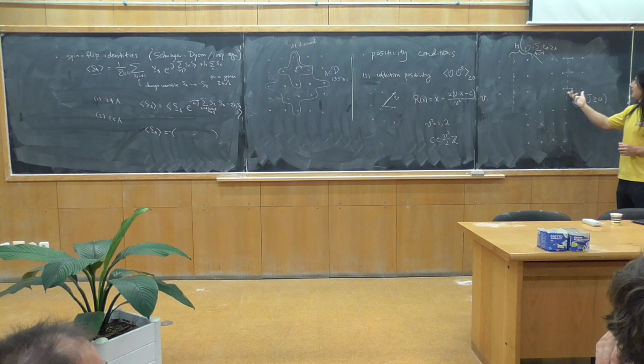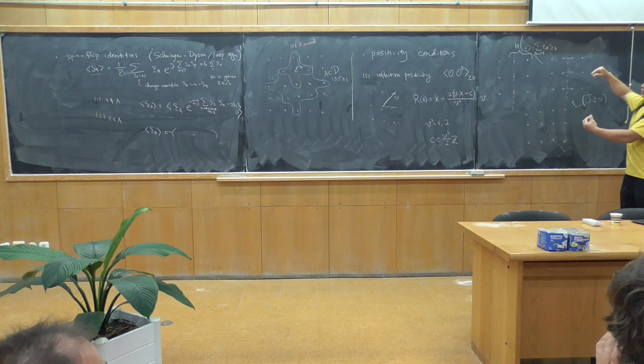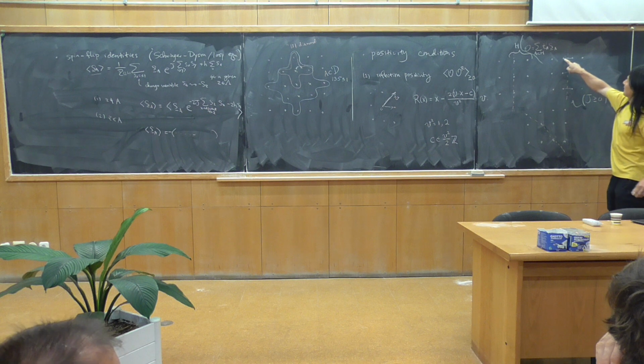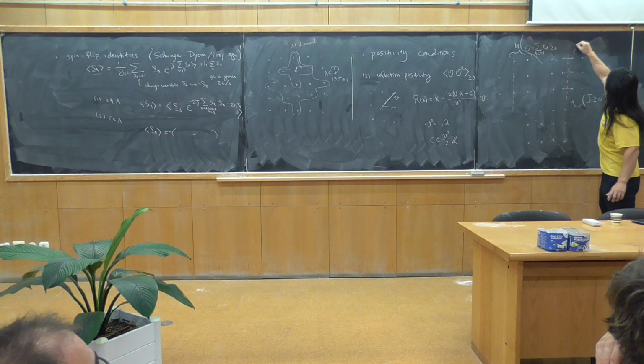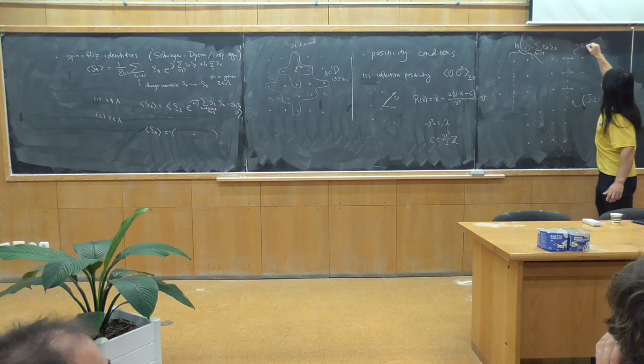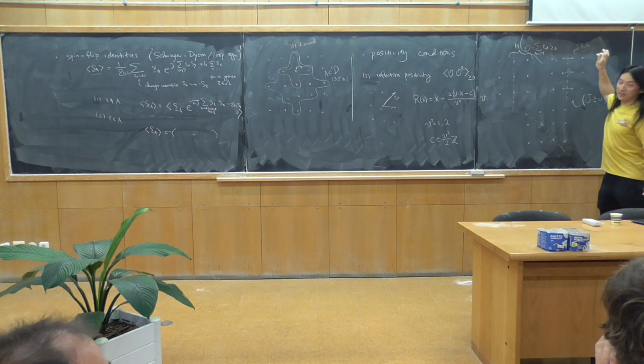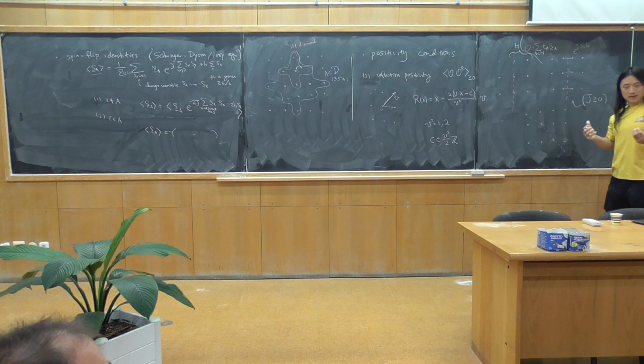In any case, this can be proven basically by starting with a finite version of the lattice. You take e to the J of the spin on the left and the right of the link, and you expand this exponential, and you can show that term by term is positive, and the whole thing is positive, and you take the limit of the lattice to infinity, and it's positive.